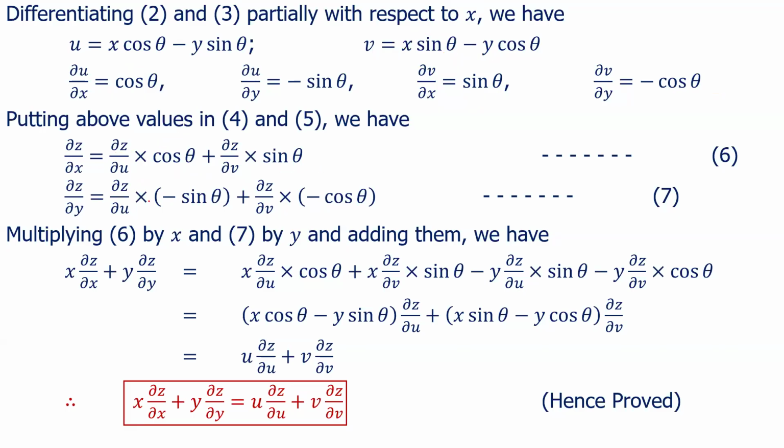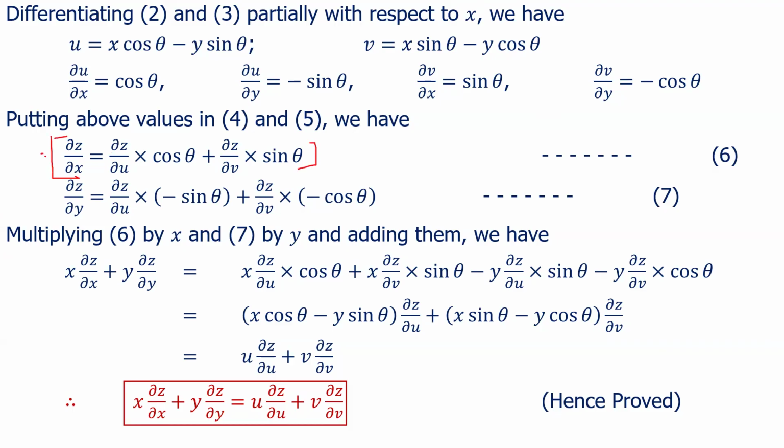Similarly, del z del y is del z del u times del u del y, which is minus sin theta, plus del z del v times del v del y, which is minus cos theta. So now we substitute all these values of del u del x, del u del y, del v del x and del v del y.